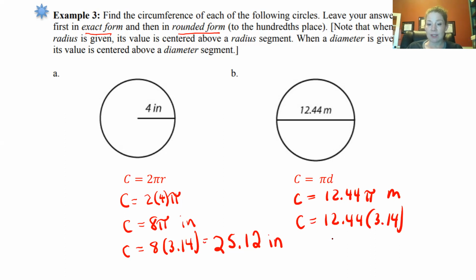It says we're rounding to the nearest hundredth, so it's 39.06 meters. So that's our estimated answer. Really, we would write a squiggly equals sign, which means about, since we're estimating. The first one's exact, the second one is an approximation.